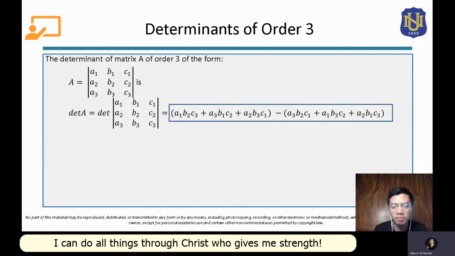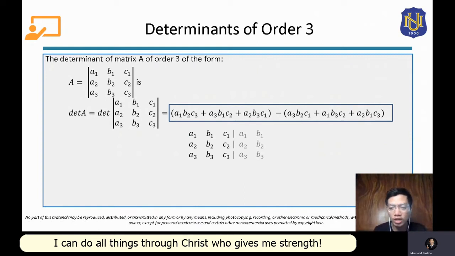But we don't really need to memorize this. We can solve for the determinant of this 3 by 3 matrix by using what is called the basket method, so you don't really need to memorize this. We are going to use the basket method in solving determinants of order 3.